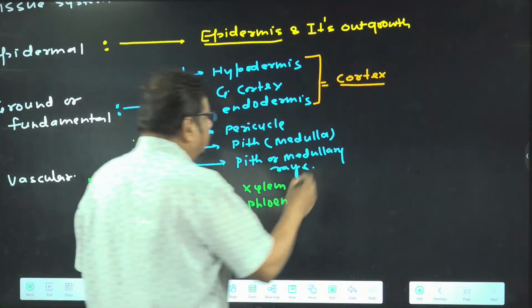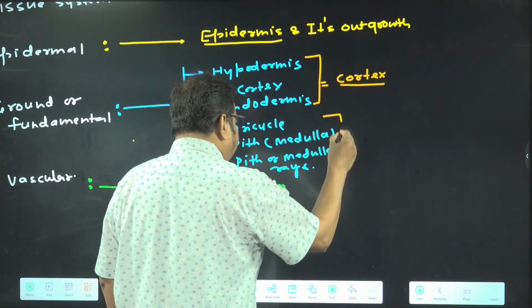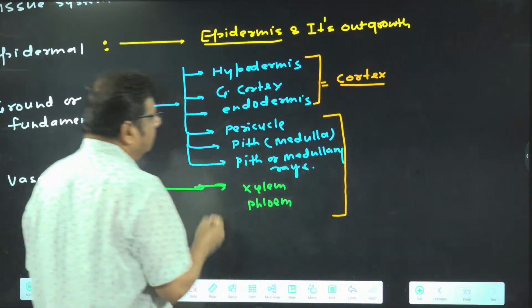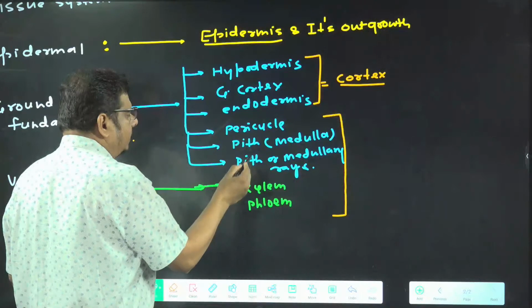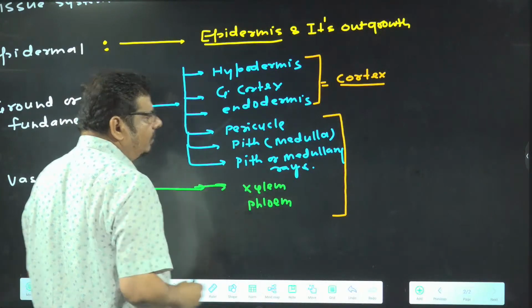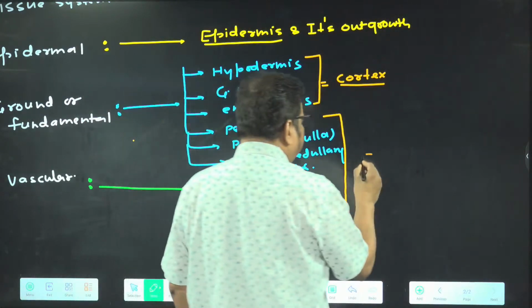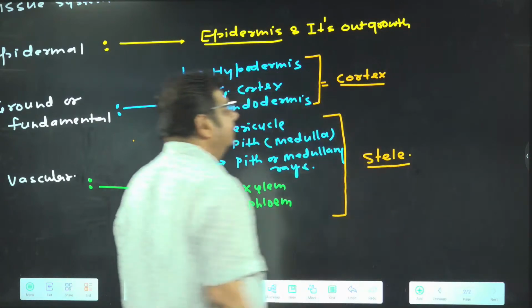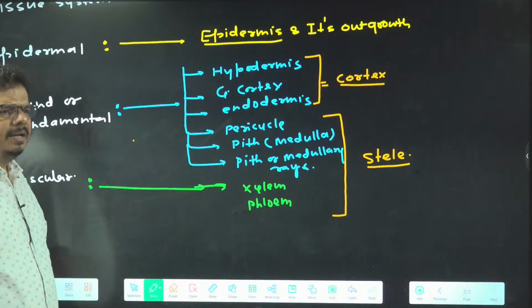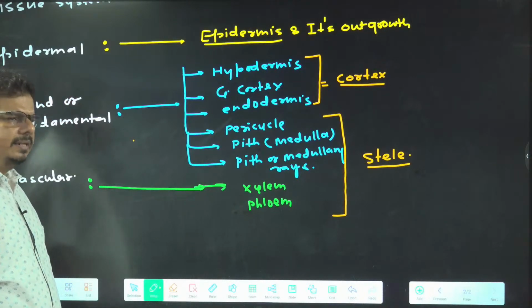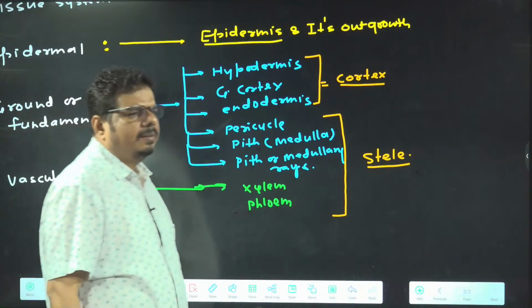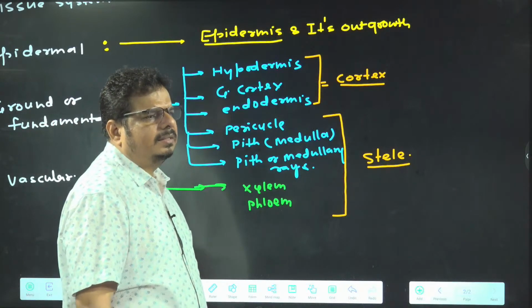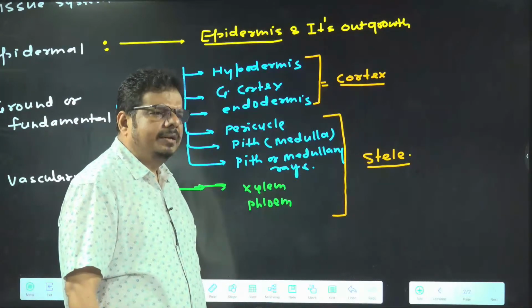Now, from pericycle to phloem, meaning pericycle, pith, rays, xylem and phloem, these are called the stele. So the examiner will ask you, the stele consists of which parts? Pericycle, pith, rays, xylem and phloem.